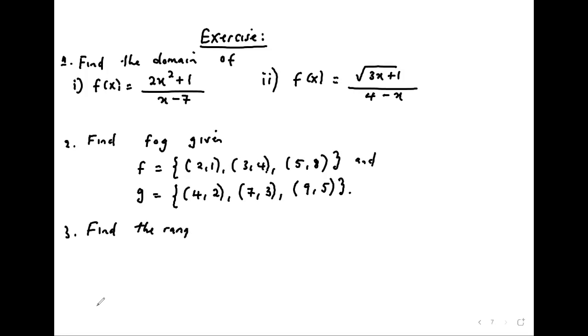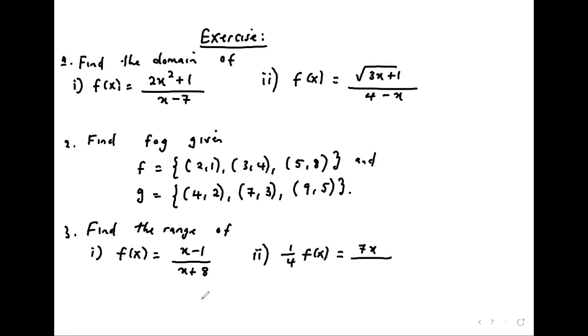Find the range of: 1, f of x is equal to x minus 1 over x plus 8. 1 over 4, f of x is equal to 7x over 2x minus 3.